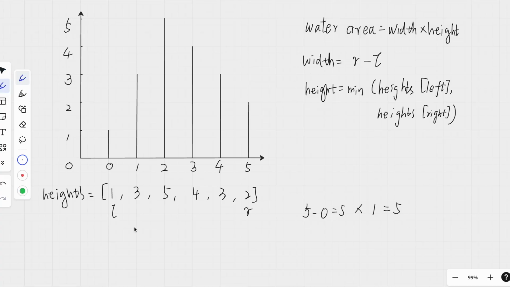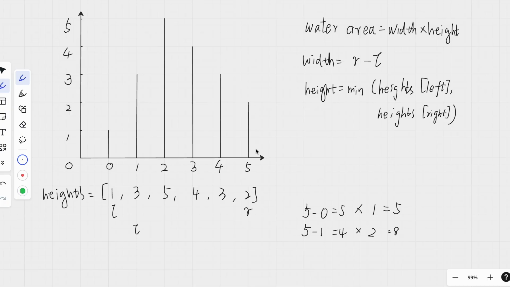Now, the left pointer points to index 1. The right pointer still points to index 5. The width becomes 5 minus 1, which is 4, and height is 2. So the area equals 4 times 2, which is 8. Now let's keep moving.